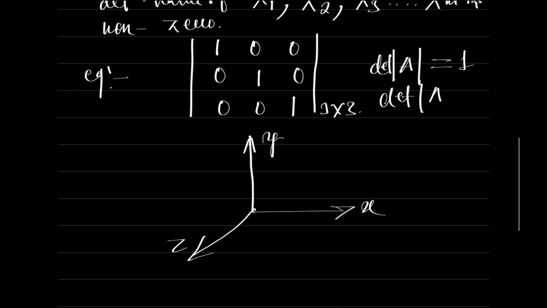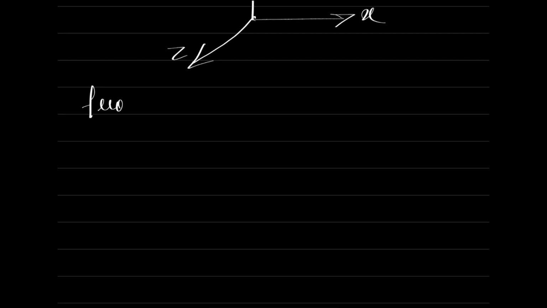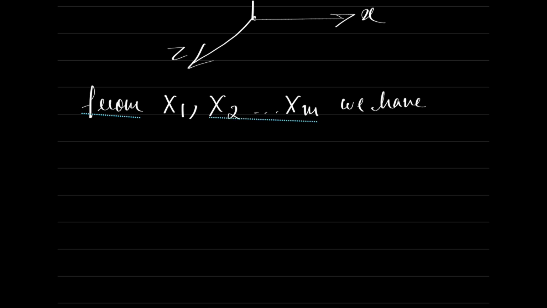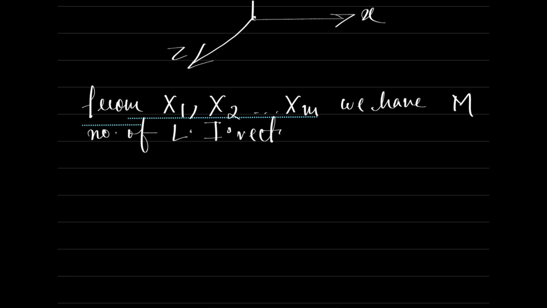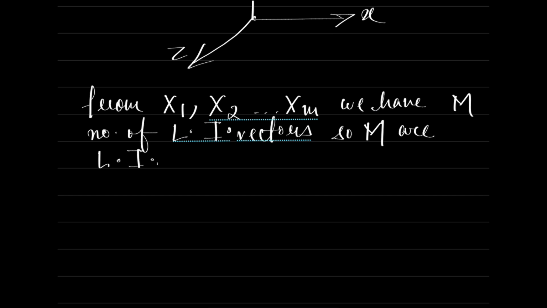The determinant of this matrix is non-zero. From x1, x2 up to xm we have m number of linearly independent vectors. So m are linearly independent.